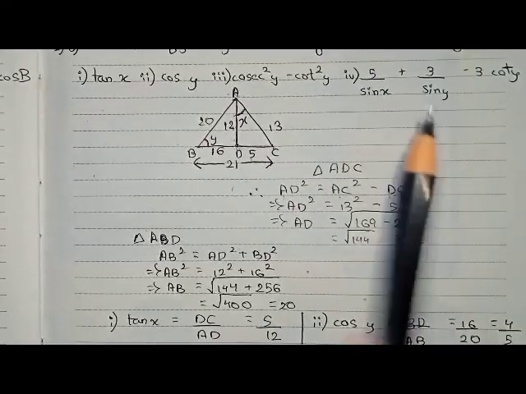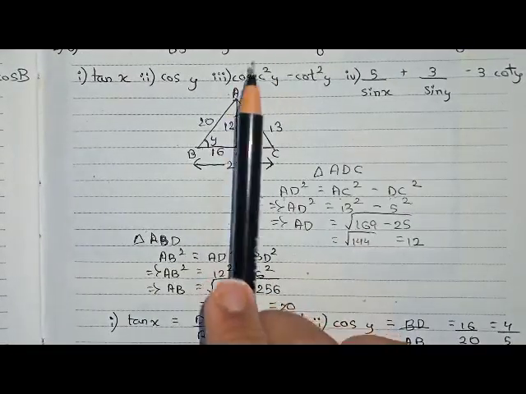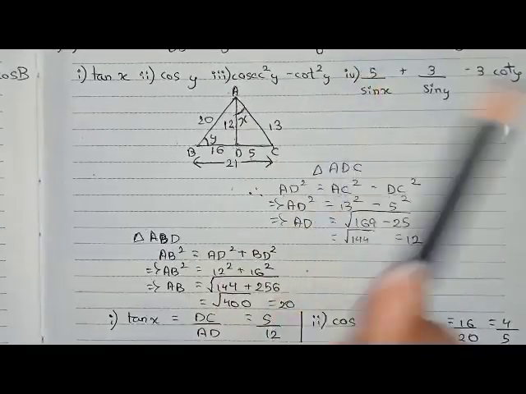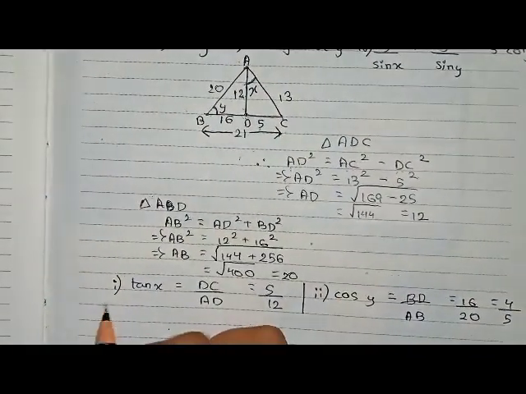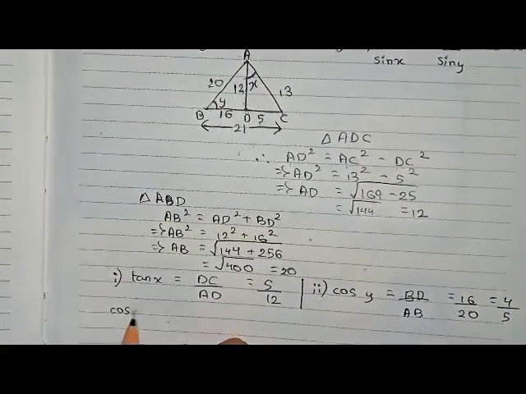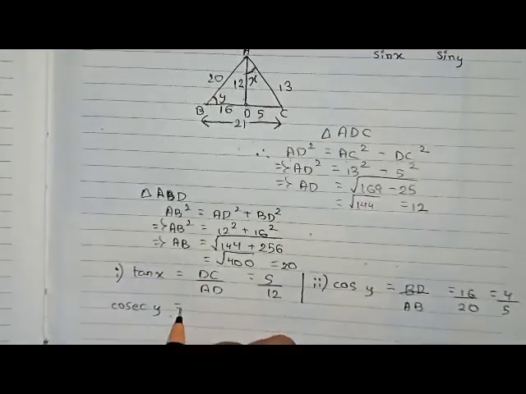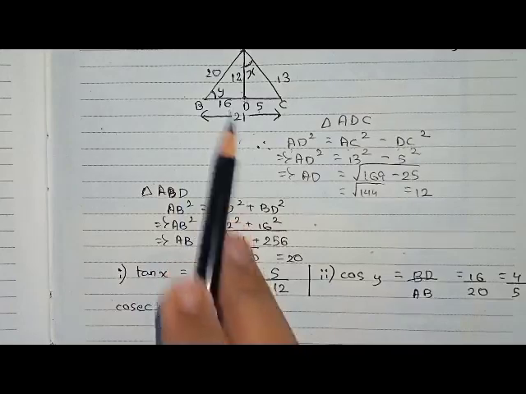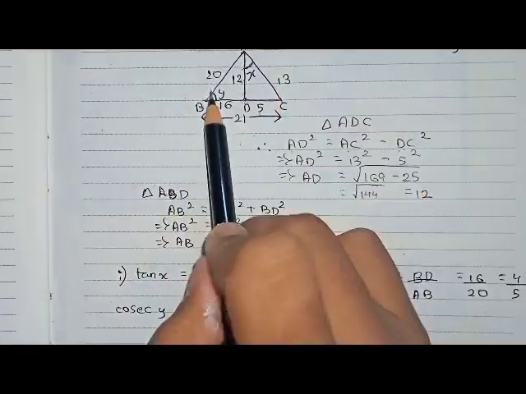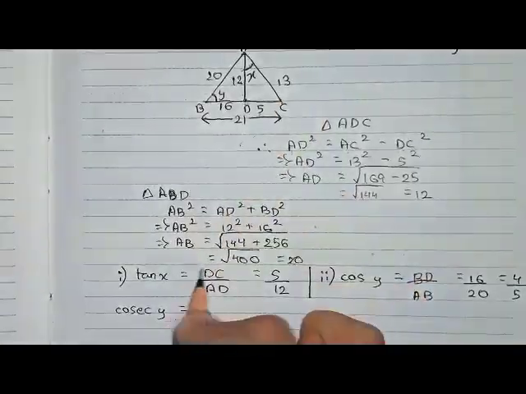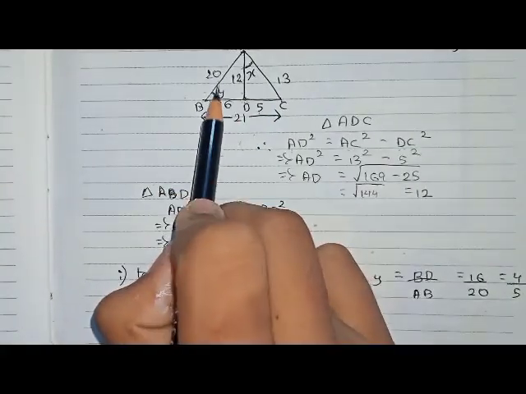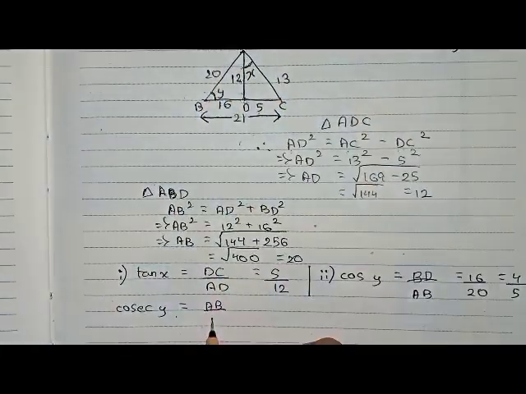Now we need to find out the value of cosec y and cot y first, so that we can evaluate this portion. So first we are finding cosec y. Cosec y means hypotenuse by height. So for y, hypotenuse is AB and the opposite side is AD.